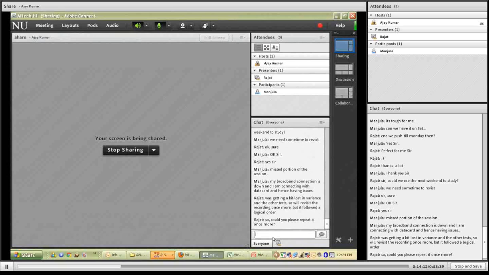Rajat and Manjula, any take on this? What does a value of 0.7 tell us? Should we take that the variances of the above groups are equal or not equal?